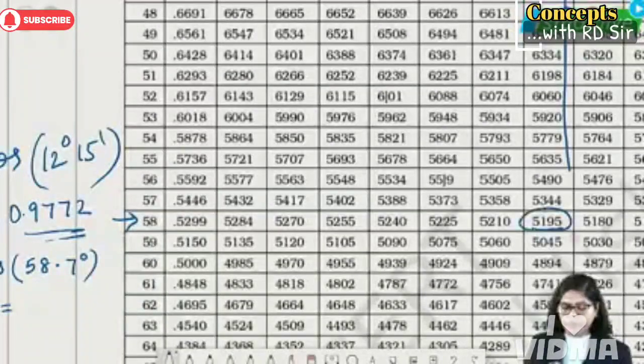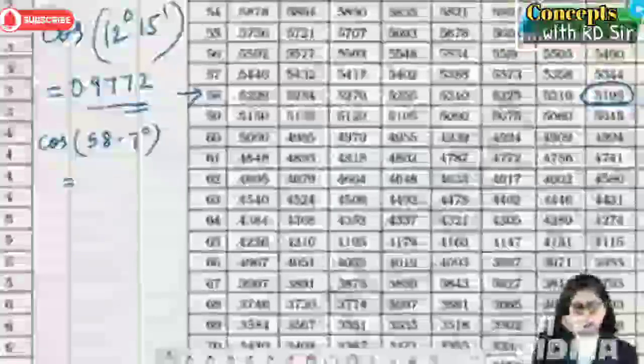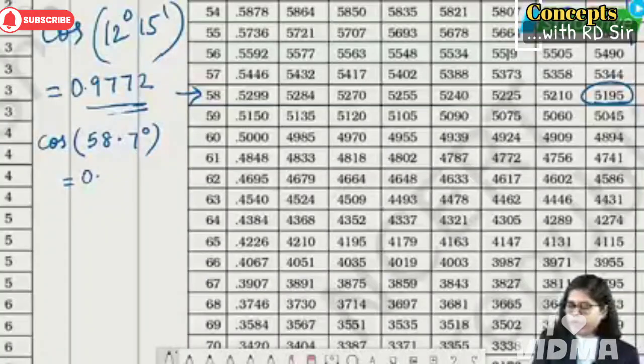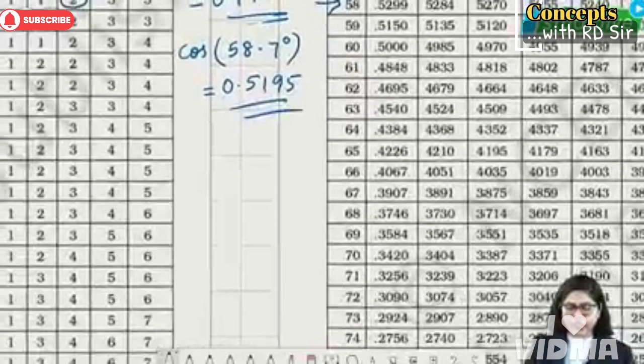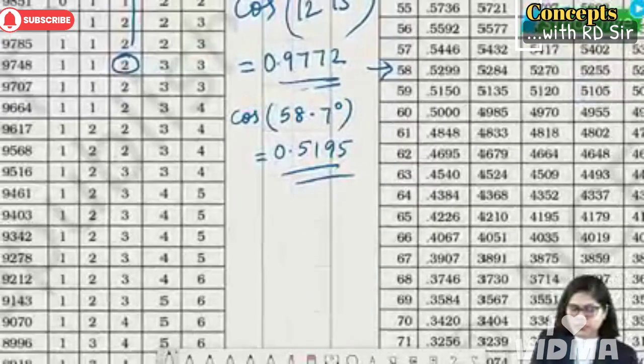So this is a number that is 5195. Directly we can write here. It is 0.5195. Okay, so this is what the value we are getting. So only difference between sine and cos is, in case of cos, the mean difference we have to subtract inside value, that is this inside value.